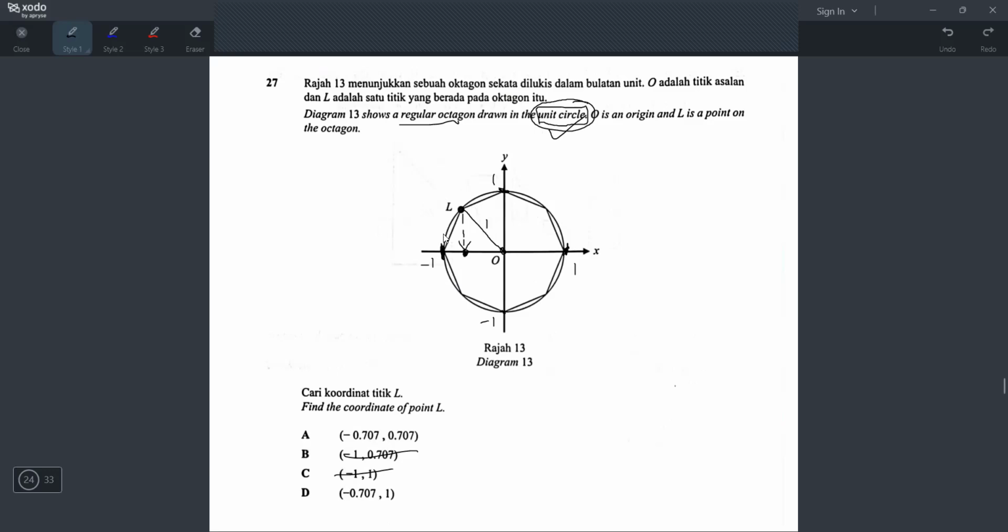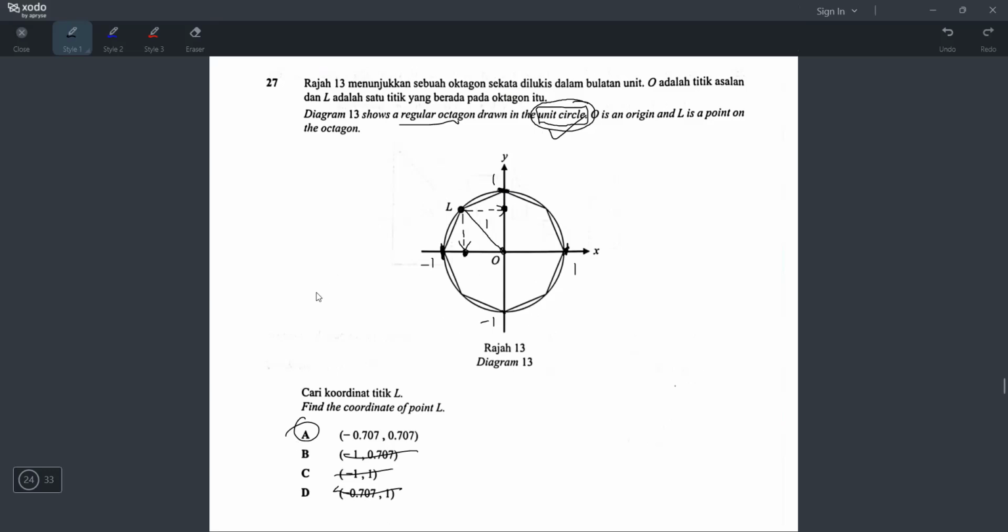And then what about the y coordinate? Can it be 1? No, right? Because 1 is higher up here. So it cannot be D already. So the answer is A, right? This is how you do it if you just use logic, use your eyes and your brain, and see which one makes sense.